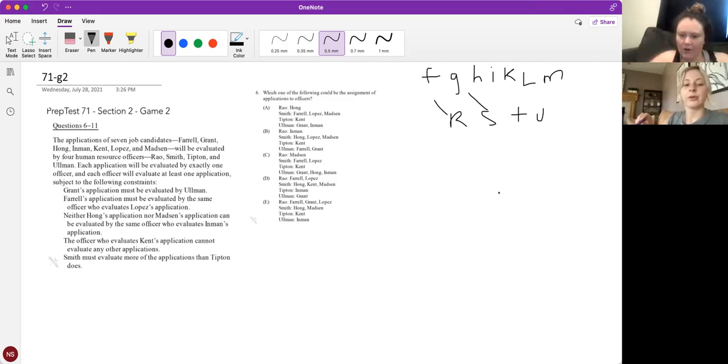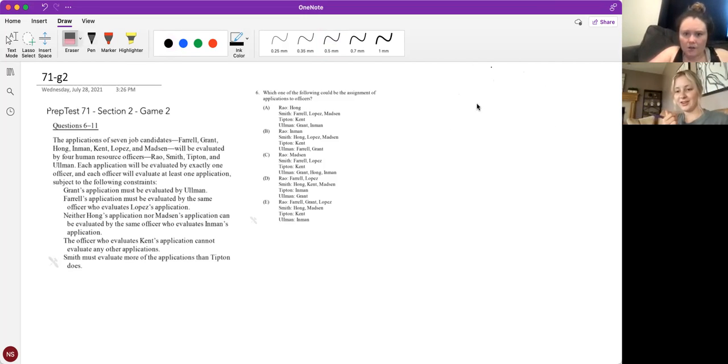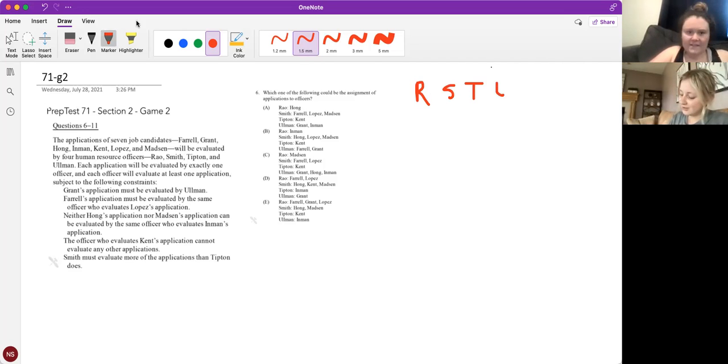I think you should be trying to put the officers into the applications, right? Because there's more. Or no, the other way. Yes, the other way, because we want to have the fewer as our whole. So R, S, T, and U, and then we're going to try to put our other things in those.